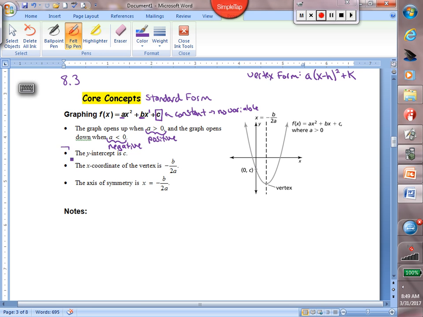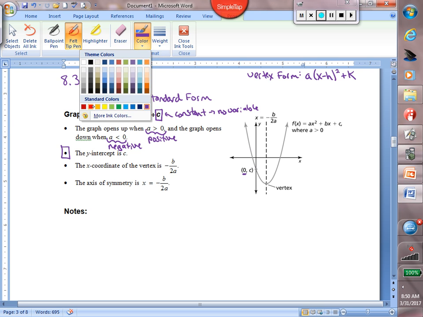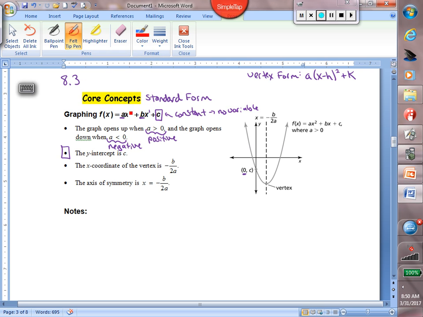The y-intercept is where the graph crosses the y-axis, something that you're familiar with from slope-intercept form. If we graph a point on the y-axis, the x value is always 0. Well, if I put a 0 in for all of my x values in our equation, those terms will all cancel out, and I'm just left with c.